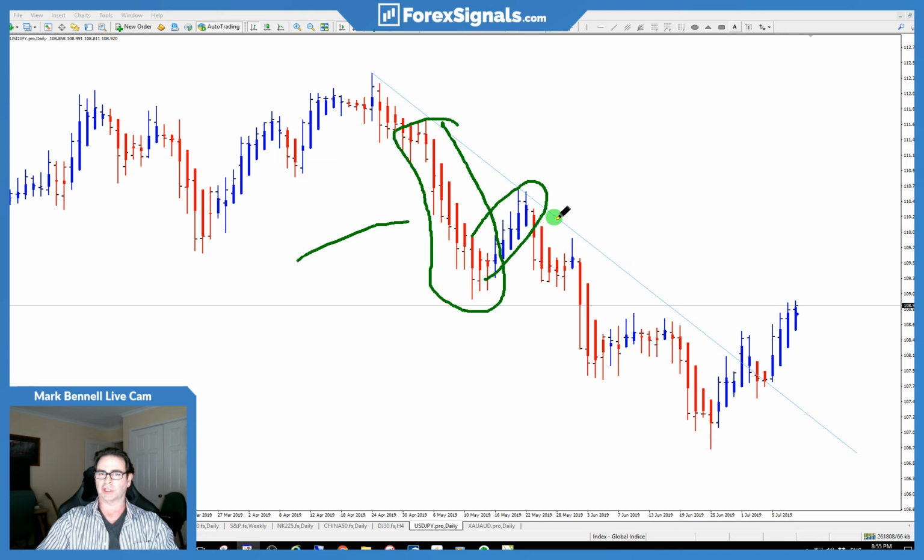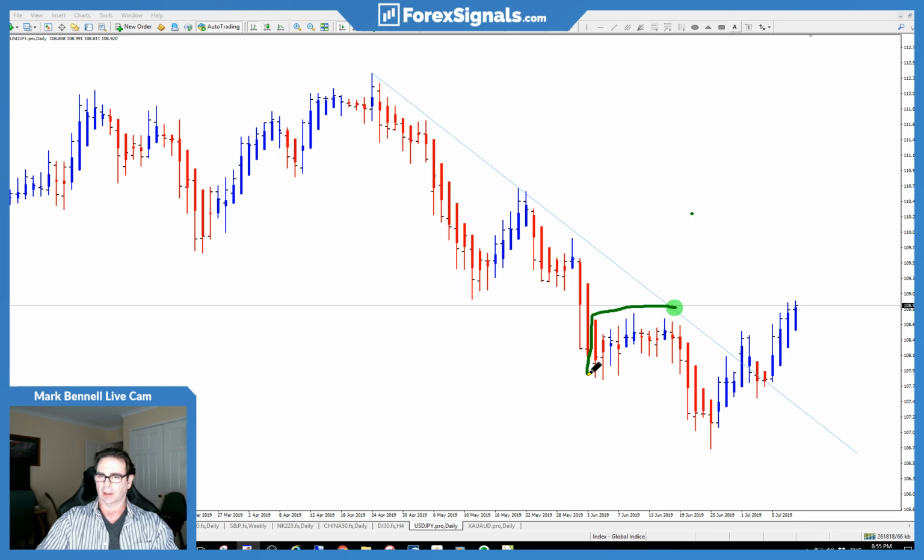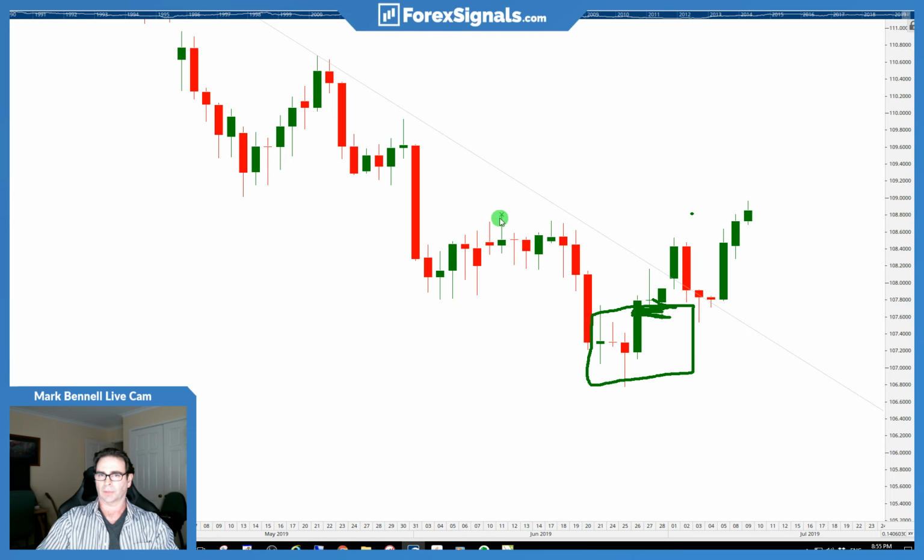If you're using it to exit, you can see you're actually exiting on the opposite colour. You're actually getting out maybe a tad early. The zones through here. Let's have a look at the high. Okay, yeah, that's relatively close.